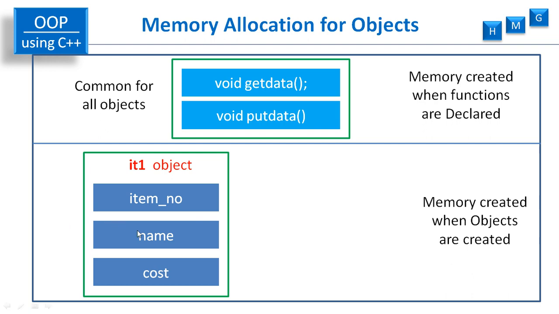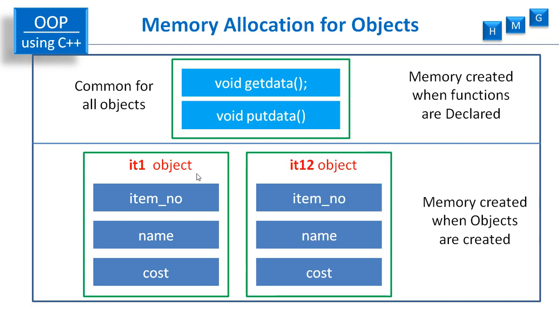So there is memory for item number, memory space for name, memory space for cost, and this total memory is nothing but the memory for the IT1 object. Similarly, the memory is allocated for the IT2 object, having its own set of variables: item number, name and cost. In this way the memory is allocated for object IT1 and object IT2.